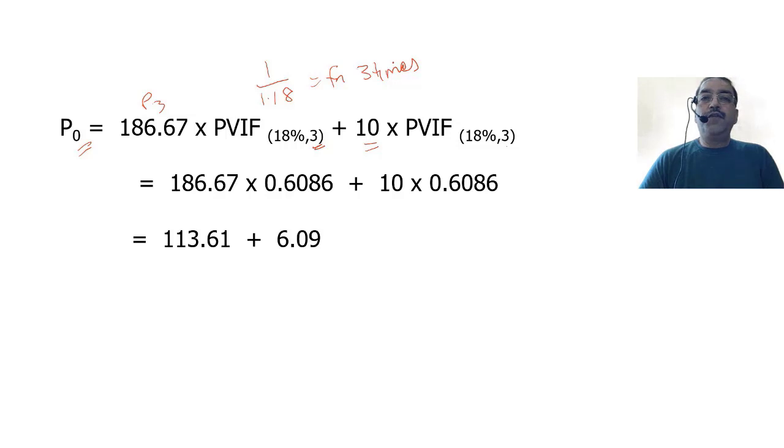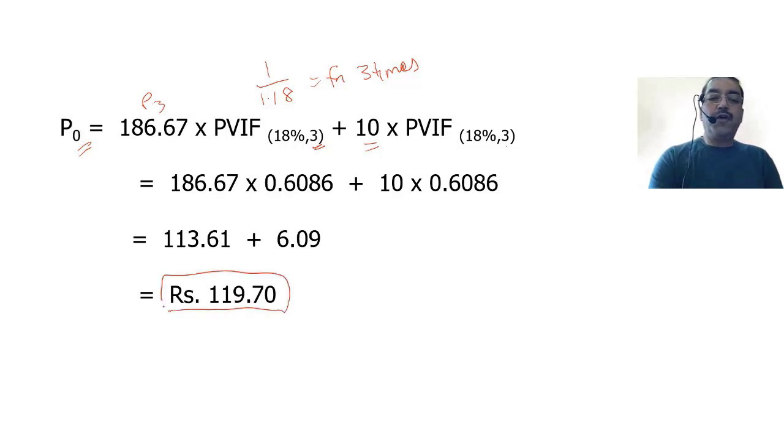I'll get 113.61 plus 6.09. That comes to 119.70. So that means if reorganization is done, this is going to be the market price of my equity share. I have to compare this with the figure if reorganization is not done. Whichever gives me a better market price, that I will be selecting.